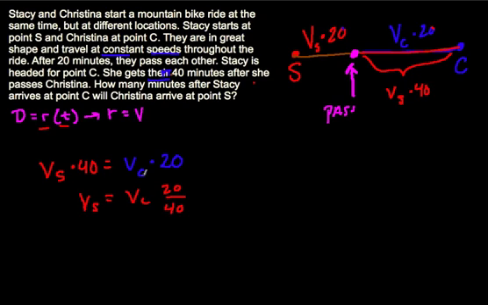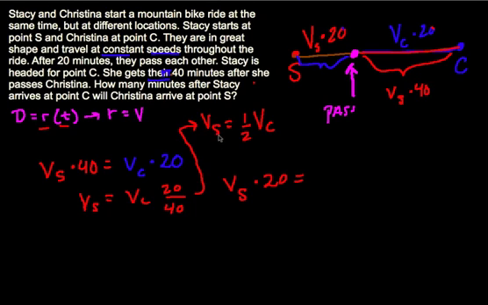We divide both sides of this equation by 40. That gives us that the velocity of Stacy is equal to 1/2 the velocity of Christina. And that makes sense because Christina is traveling twice as fast. So take Christina's velocity, times it by half, and you get the slower speed, that of Stacy.